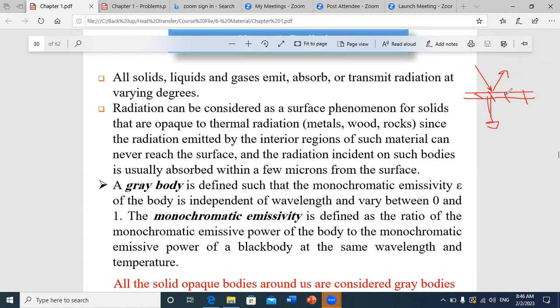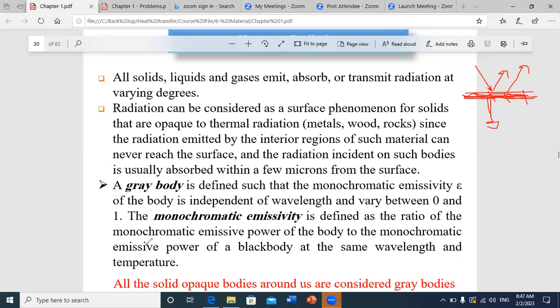And therefore, this absorbed part can be stored, or part of it can be emitted back by the surface. So we say that in the case of opaque surfaces, all processes are just taking place at surface level. This is why we say that radiation is considered a surface phenomenon, because the whole process is taking place at the level of the surface.